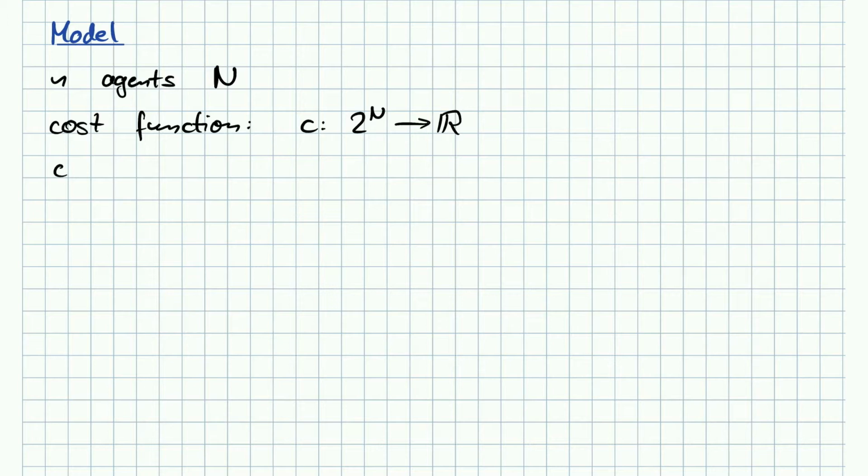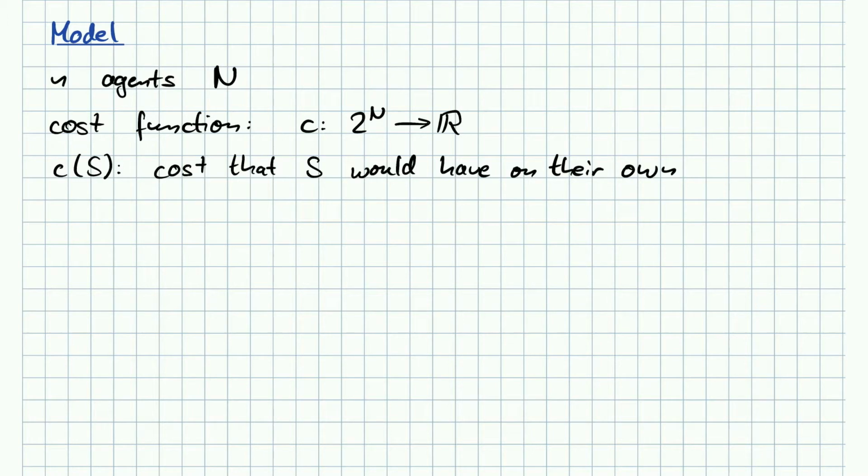So C of S, this is the cost that S would have on their own. And we'll assume that for the empty set, this is 0, but for others, the cost can in principle also be negative.